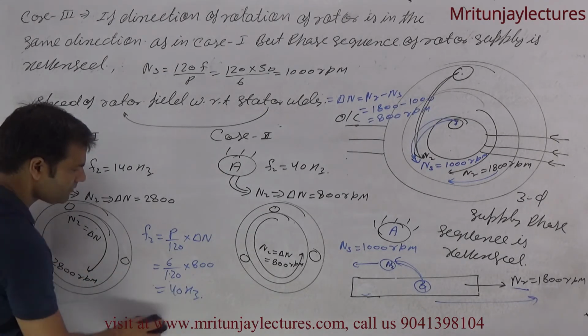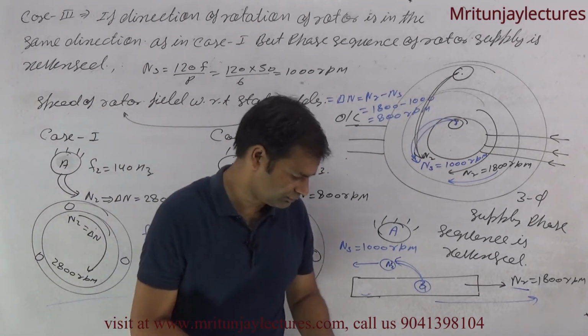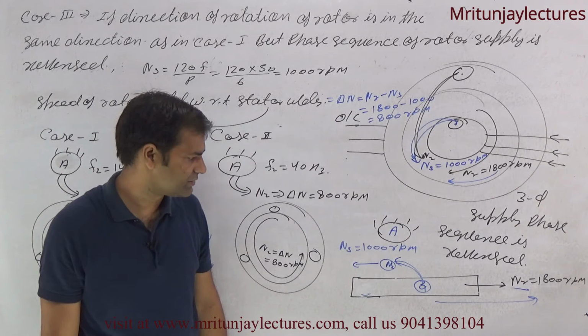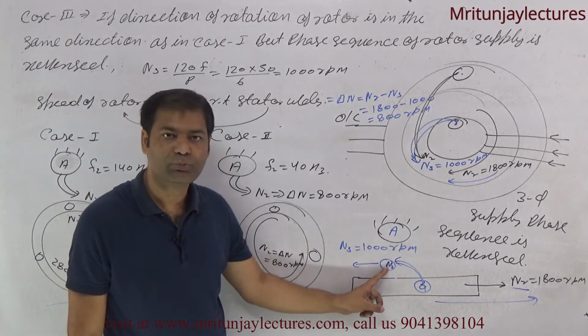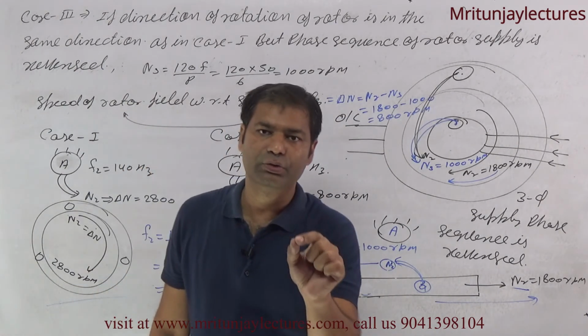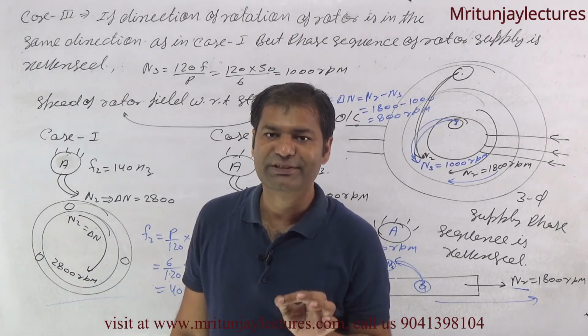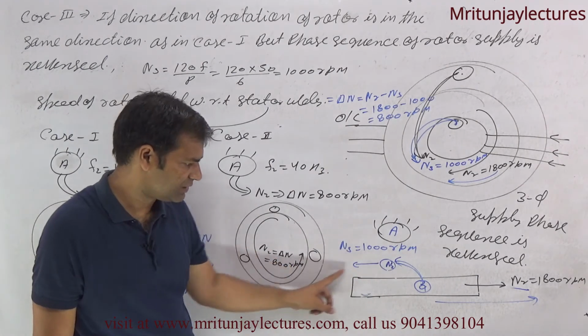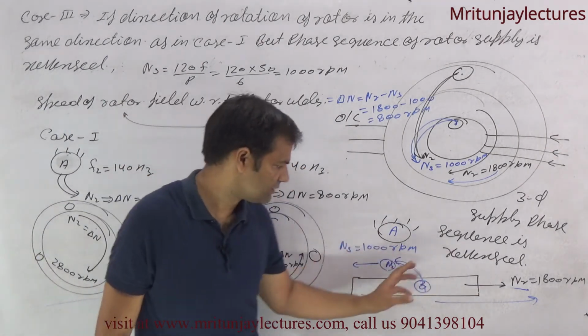Clear? It means if you consider a train like this one moving in this direction, and this boy is the rotor field with respect to the rotor winding, in the opposite direction of NR.